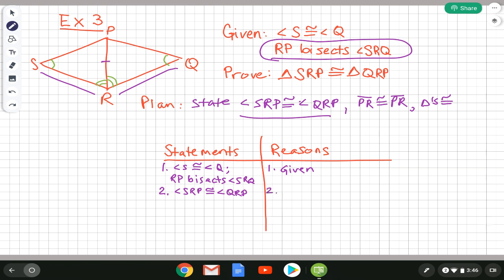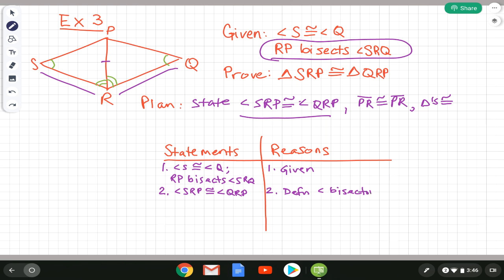And I wonder if you can think about why that would be true. We were given that RP bisects SRQ, and the definition of an angle bisector is a ray that cuts a larger angle into two equal pieces. So this would be just the definition of an angle bisector. Oops, spelled that wrong.